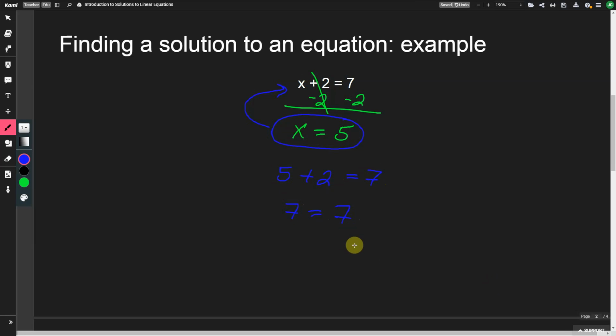Think to yourself, takes you like half a second, is this side the same as this? Are they equal? Yes, they are. That is true. So therefore, x equals 5 has to be a solution. Okay? That's as simple, as basic as I could get. But it is this understanding right here that will help you with the next part. Okay? So here we go. Next slide.